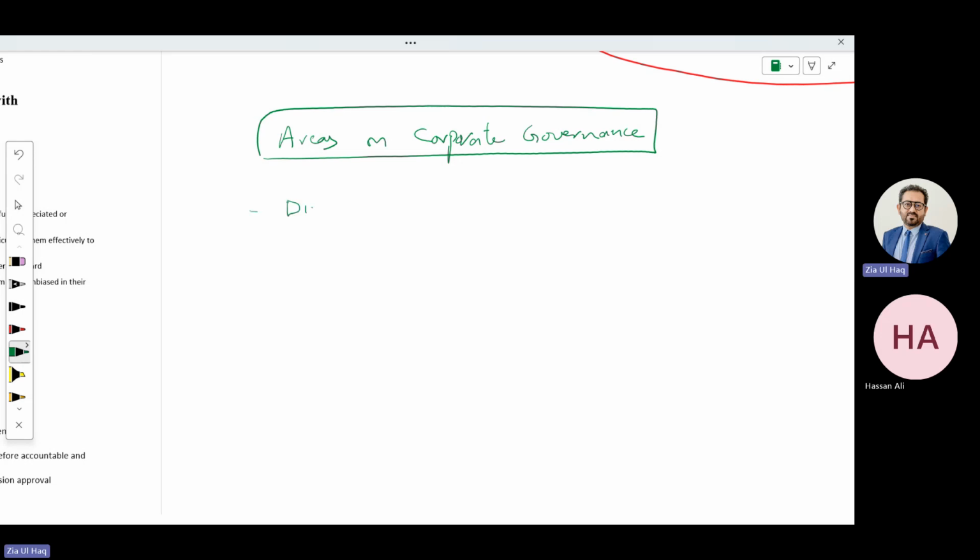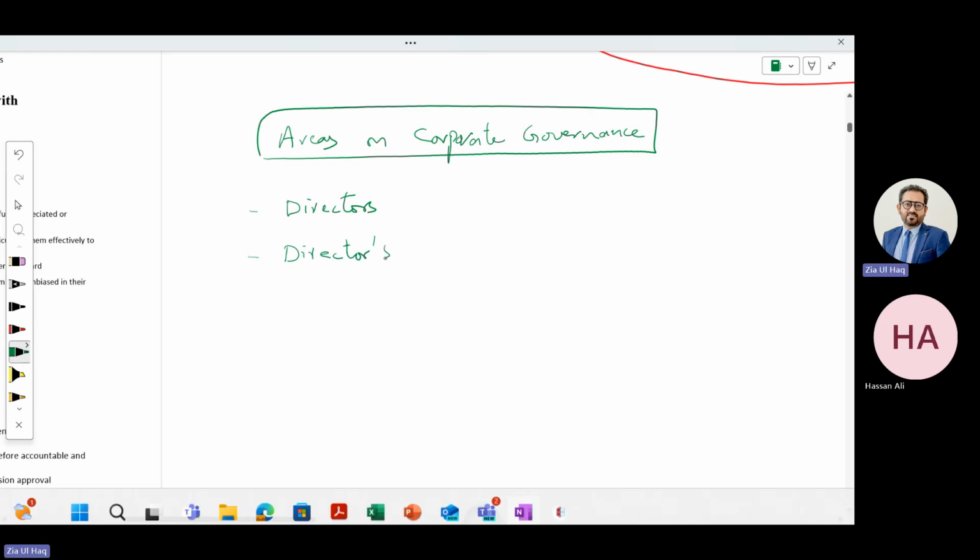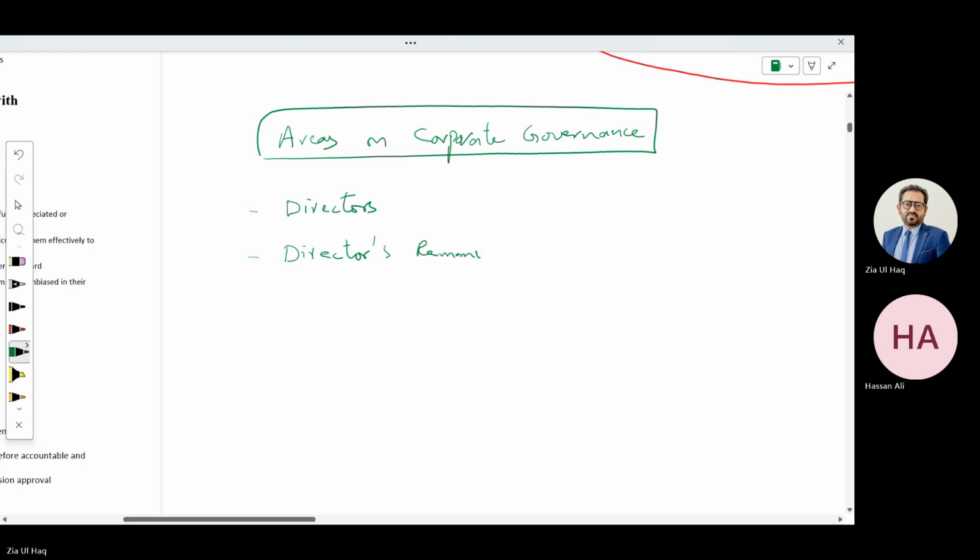There are some codes relating to directors. There are some codes relating to directors' remuneration. There are some codes relating to accountability and audit.